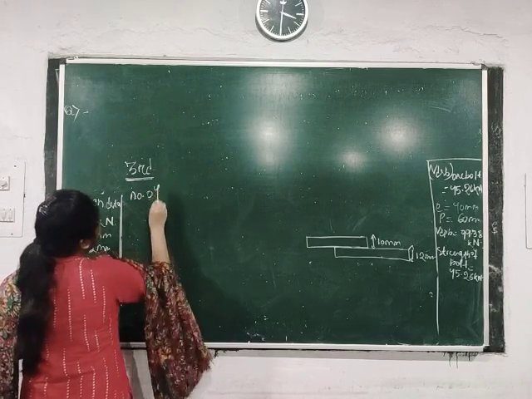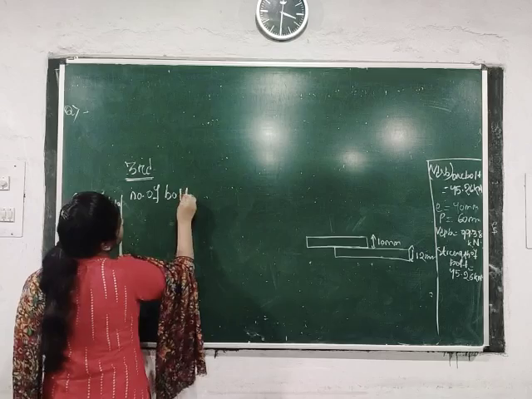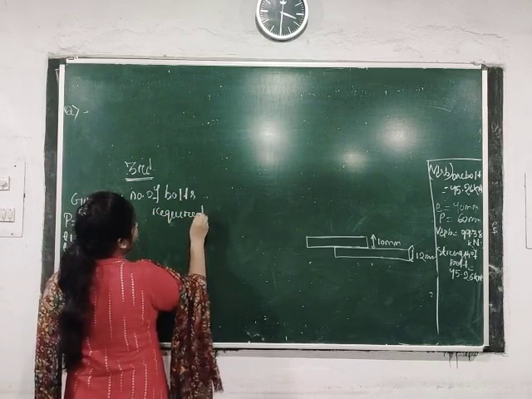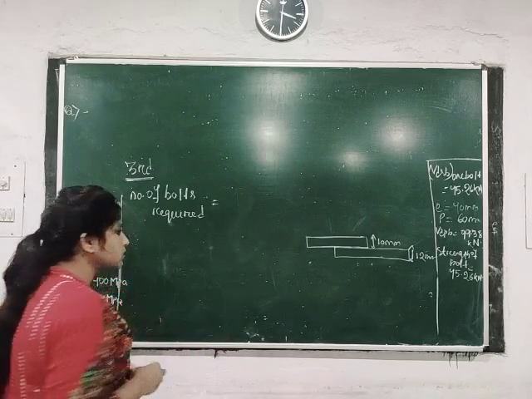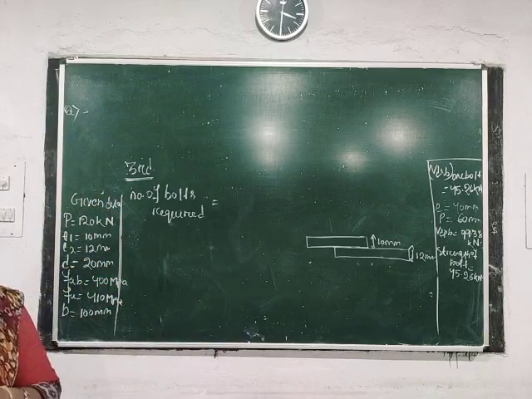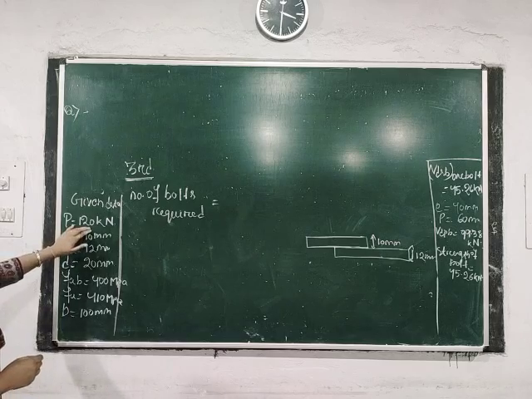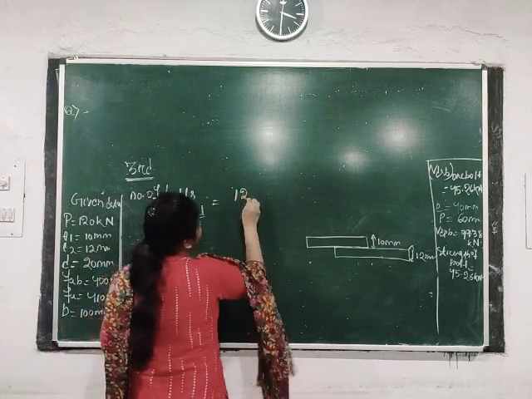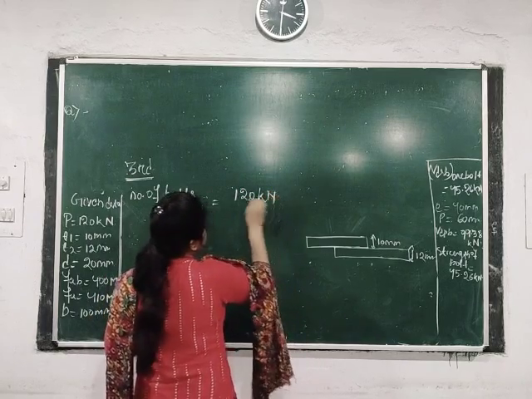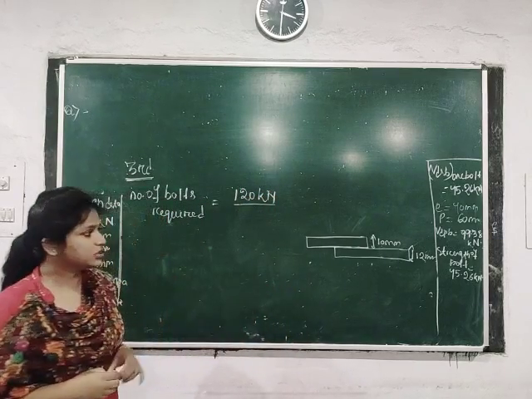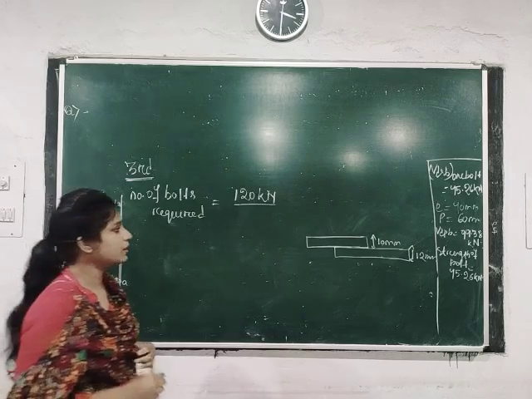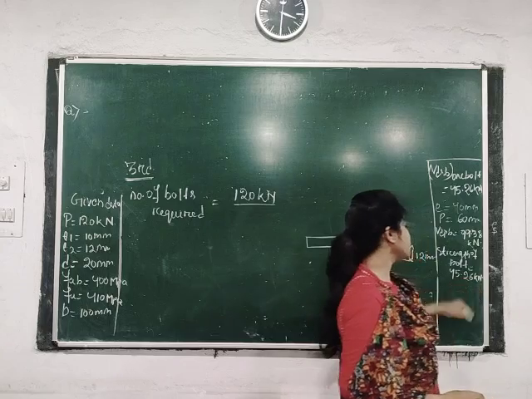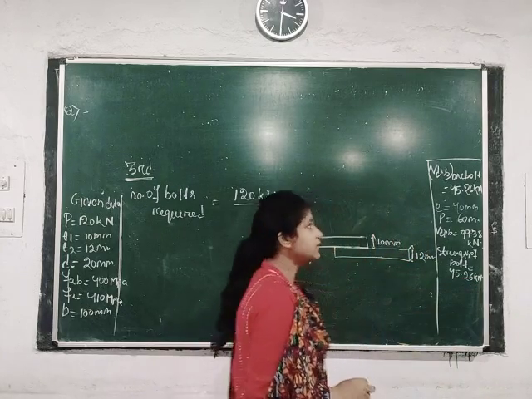Okay, so the number of bolts required can be calculated by the force to be transmitted by the joint, and that value is given in the question, that is 120 kilonewton, divided by the strength of one bolt. The strength of one bolt that we have calculated is 45.26 kilonewton.